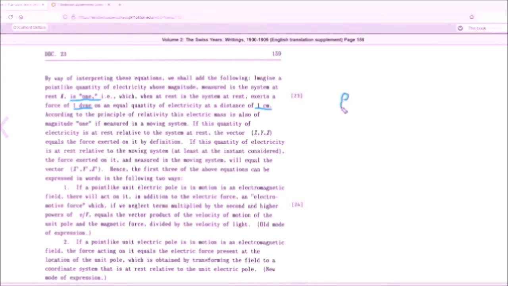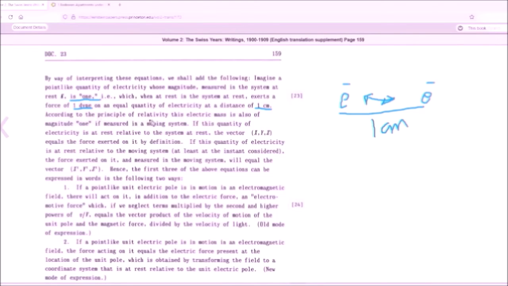Suppose one electron at a distance 1 centimeter from another electron will exert a force of repulsion. That force is 1 dyne.